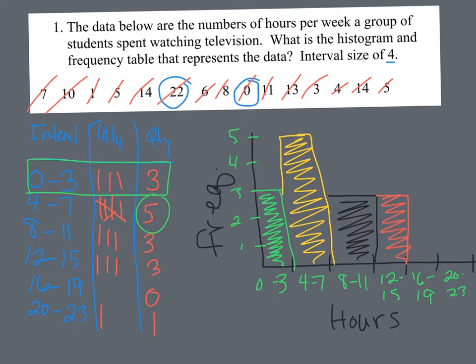The 16 to 19 is 0, and the last one, 20 to 23, is 1. Okay, so there's my frequency table and my histogram.